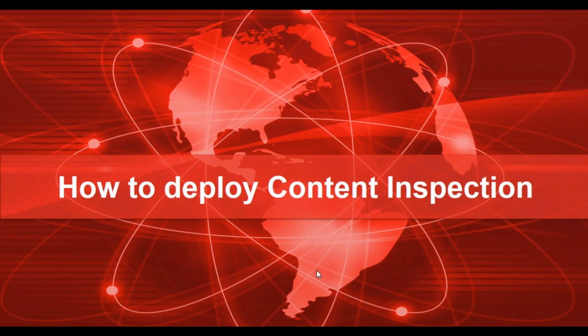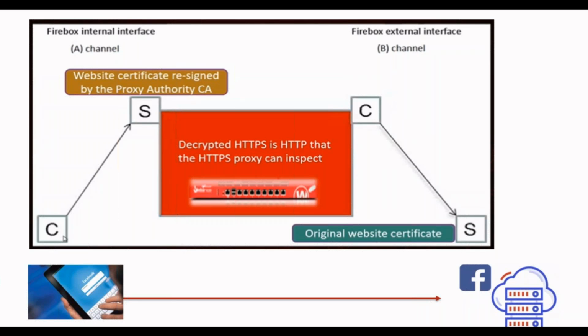Now, how do we deploy content inspection? To do that, we have to understand what the normal function is and how the firewall is going to be part of this communication. In this example, let's say somebody, as a client, is trying to open Facebook.